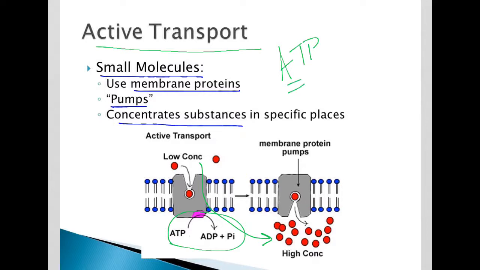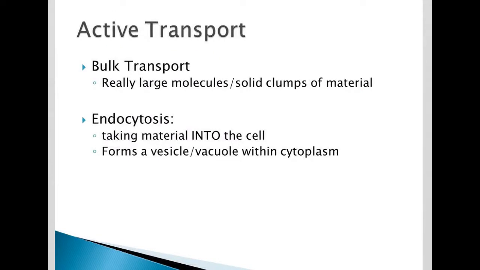And ATP is basically cellular energy. And so you'll know that active transport has occurred if ATP is used and turns into ADP and Pi, which is outside of the realm of this video.